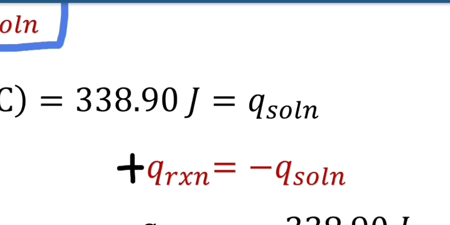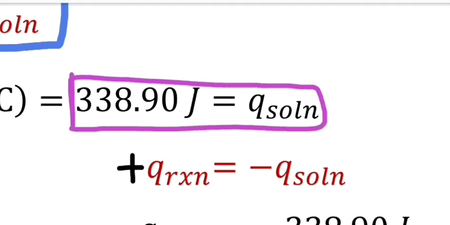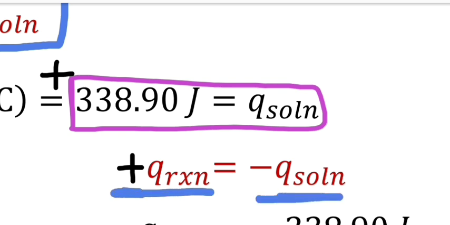In the end, we end up having that the heat of the solution is actually a positive number, because now we know that the solution is taking in a certain amount of heat that is given away by the reaction. So that's why we now see this change in the signs going from the reaction to the solution.